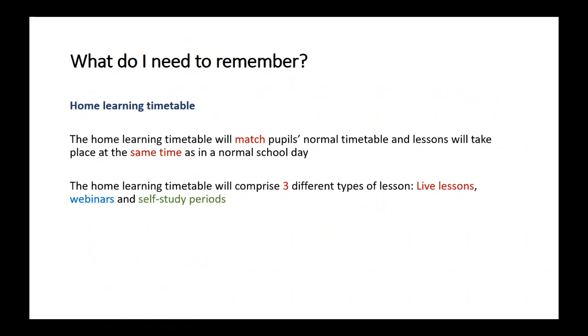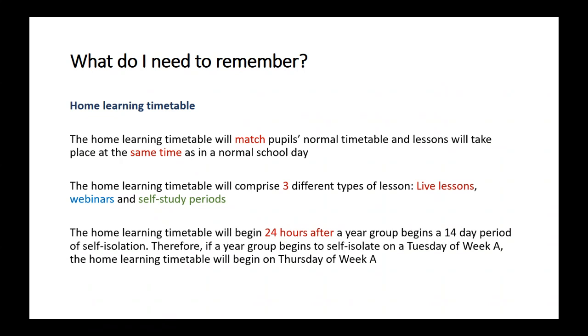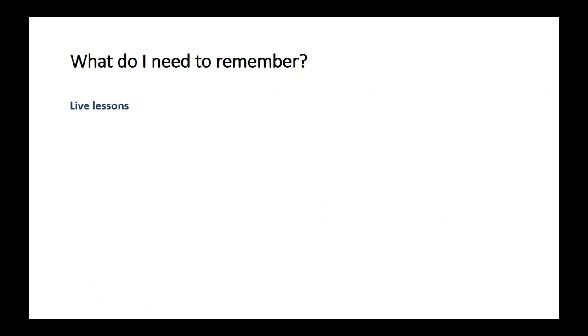It will comprise 3 different types of lessons: live lessons, webinars, and self-study periods. The timetable will begin 24 hours after a year group begins its 14-day period of self-isolation. Therefore, if a year group begins to self-isolate on a Tuesday of week A, the home learning timetable will begin on Thursday of week A.